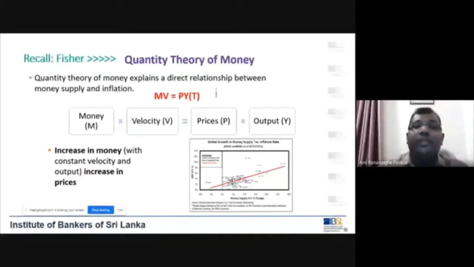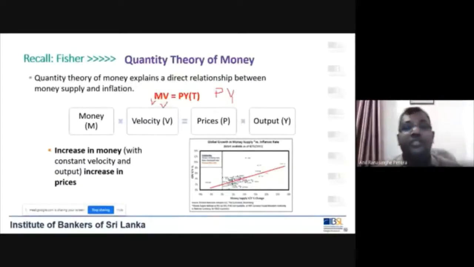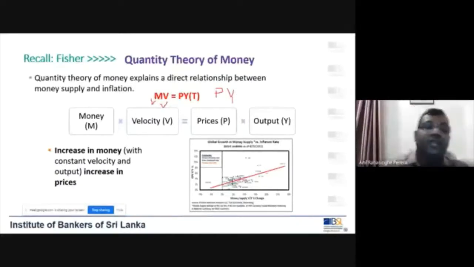You can call it directly PY. So M means money. V means velocity, which I have already defined on a couple of occasions: the speed at which money is circulated in the economy. P is the price. Y or T, whatever you call it, is the output. Right? So MV equals PY.